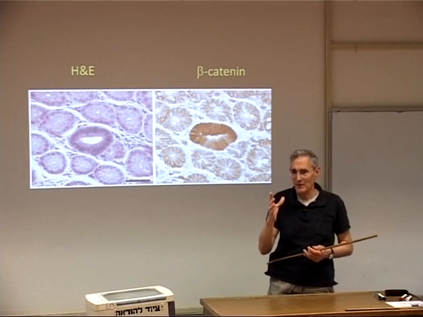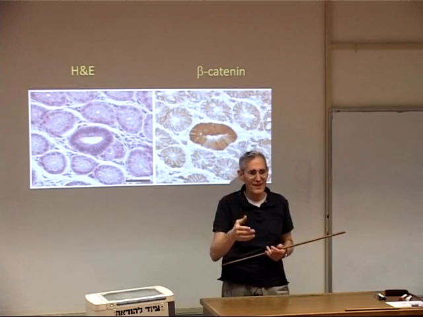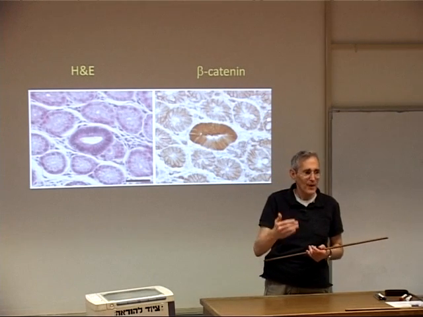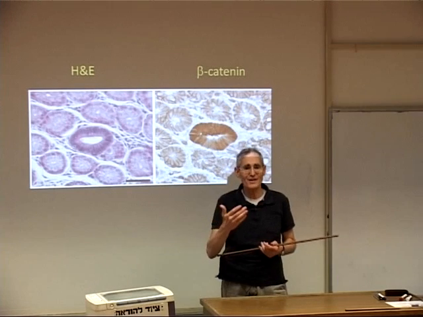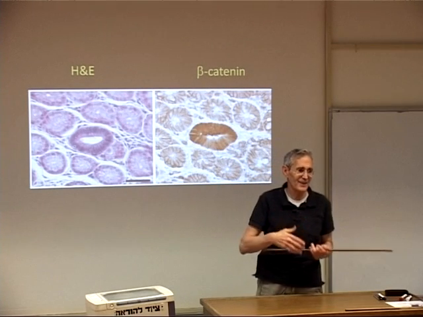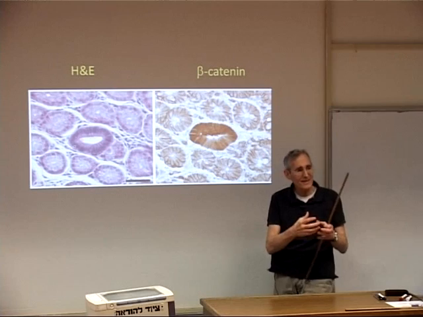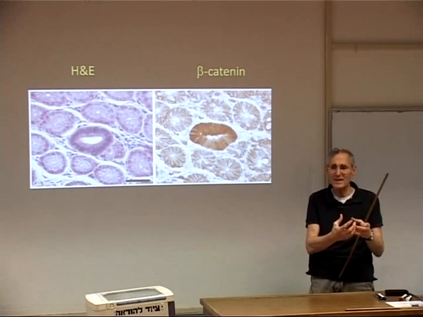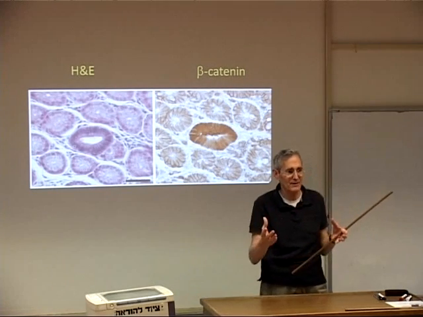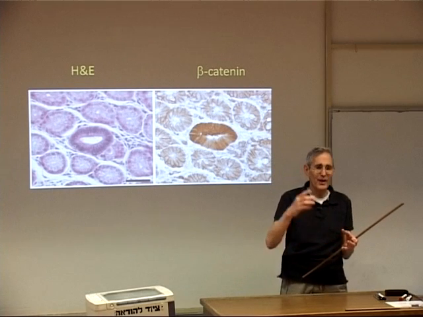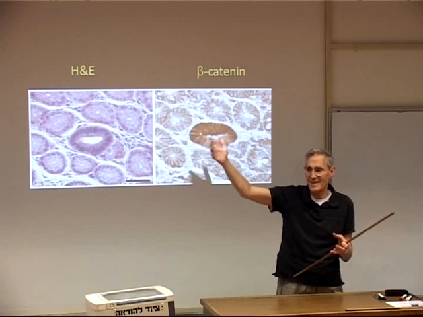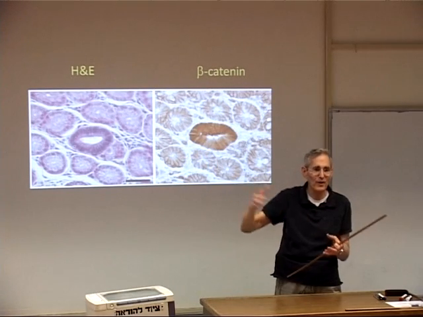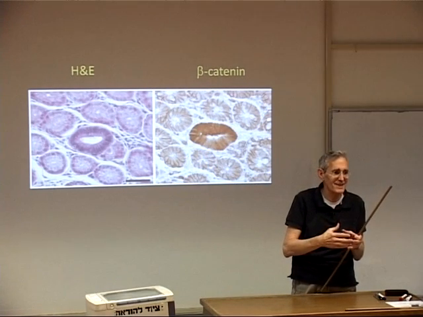Okay? So again, these animals are heterozygotes. They're missing one allele. But through their lifetime, they develop mutations in the second allele. And as a result, many of the crypts, many of these things, by the way, have to happen in stem cells. Right? I mean, if you get a mutation in the epithelial cell, it has no significance. That cell is going to die. Right? All of these things have to happen in the stem cell.